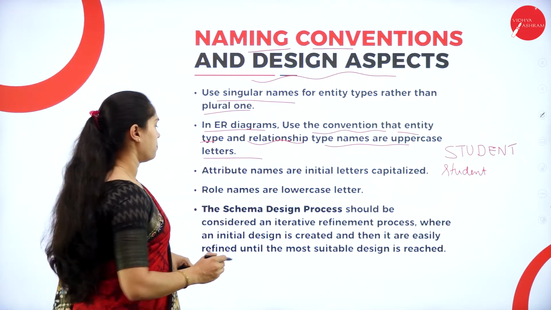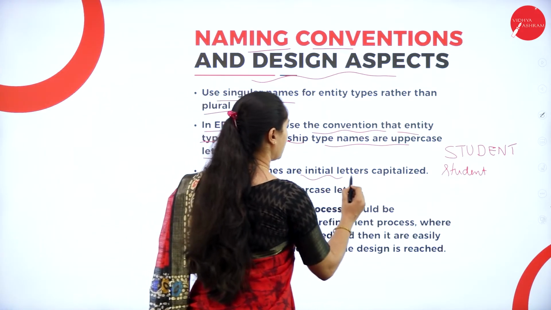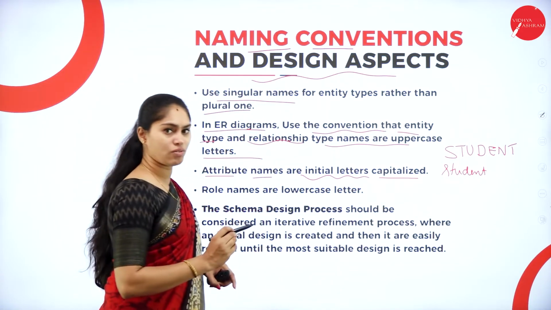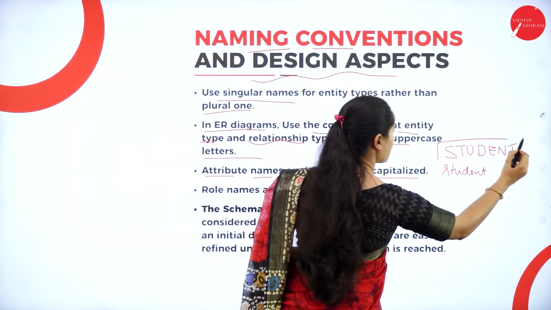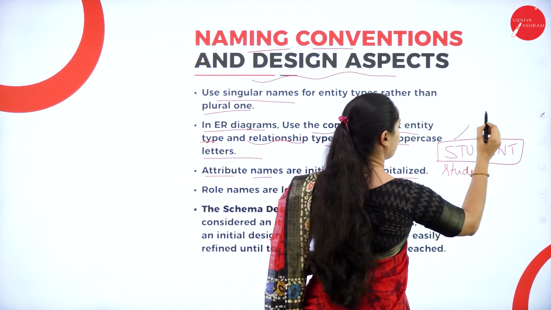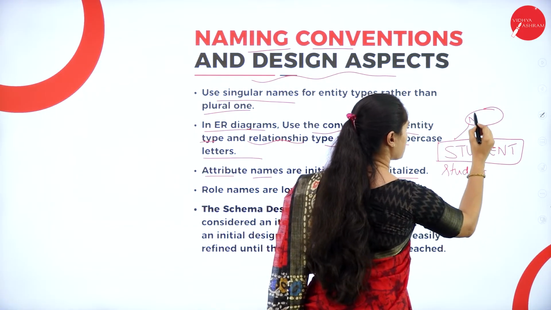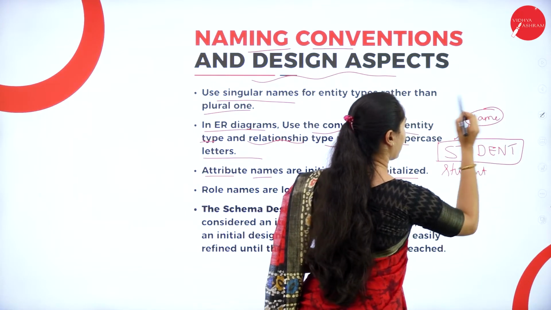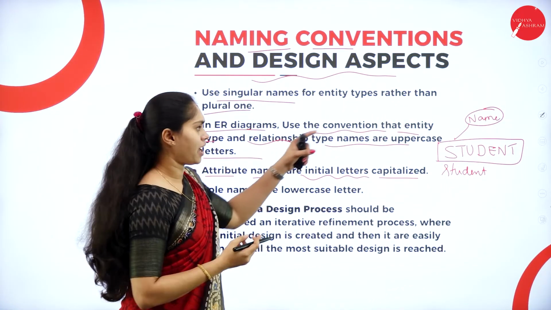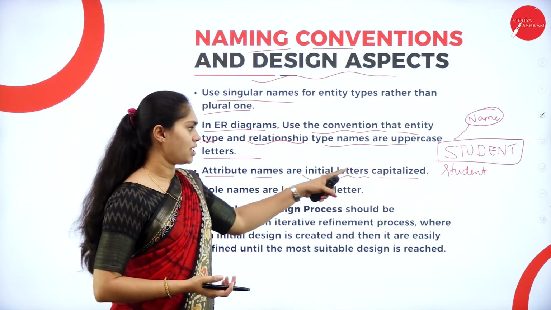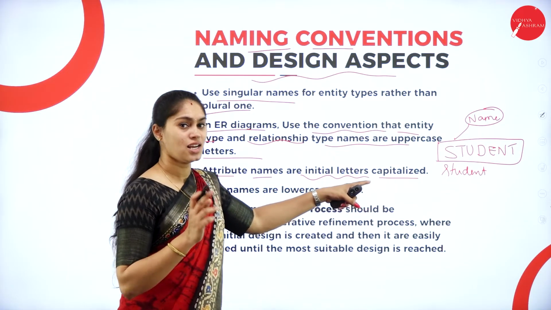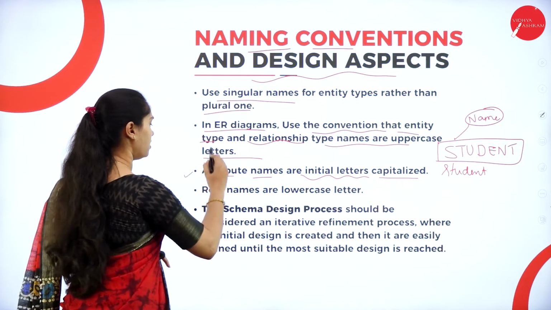That you have to remember. And attribute names have the initial letter capitalized. When I'm writing an attribute, for example, if you consider the student as an entity and it is name, the first letter must be capital in the attribute. The remaining characters can be small letters, but the initial letter needs to be capitalized. Then I can find that that is an attribute.